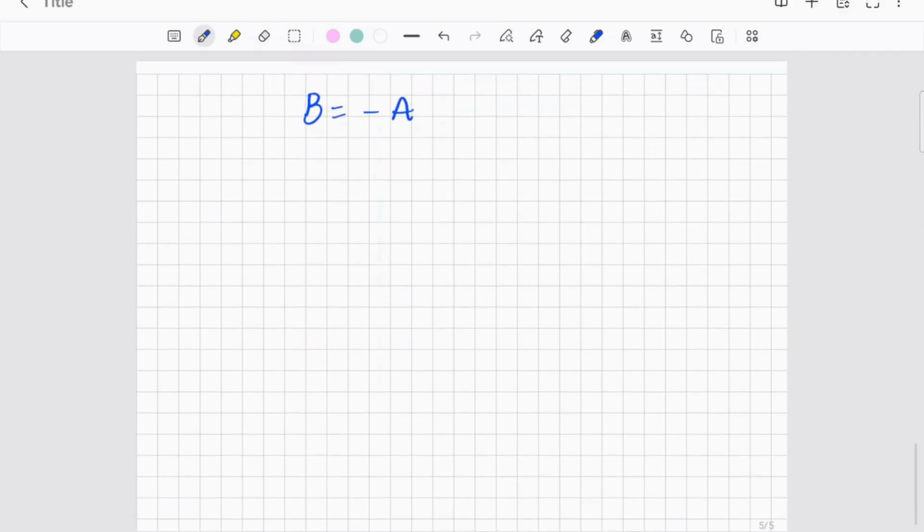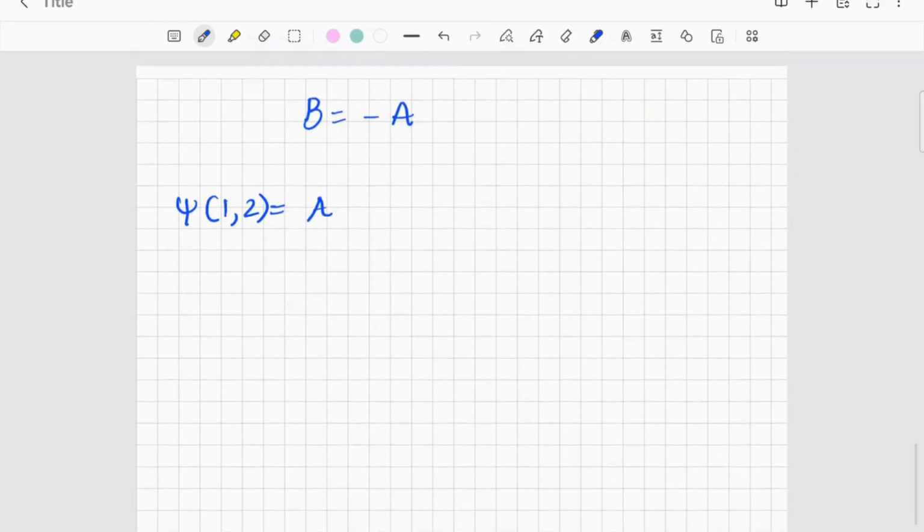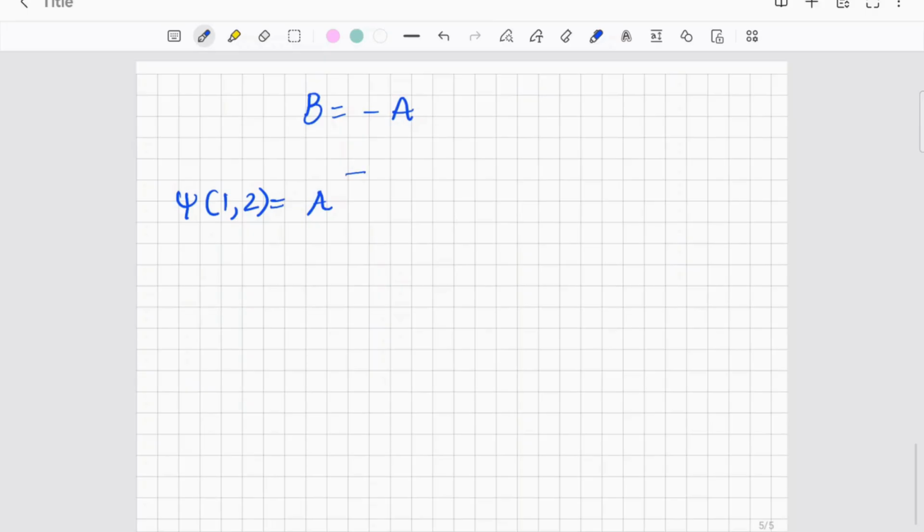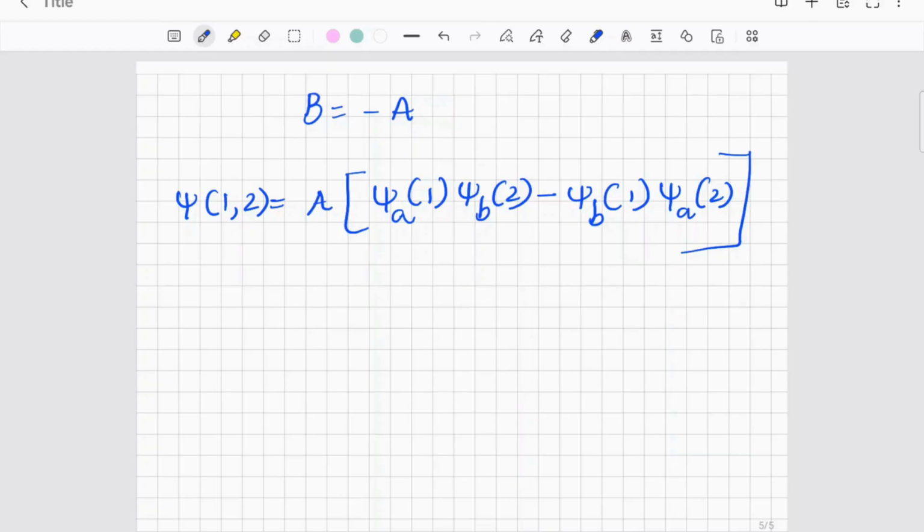So now I can write psi 1, 2 as a, taking it out as common, psi A of 1 psi B of 2 minus psi B of 1 psi A of 2. Hope you have understood this step, right? I am substituting b equal to minus a in psi 1, 2.